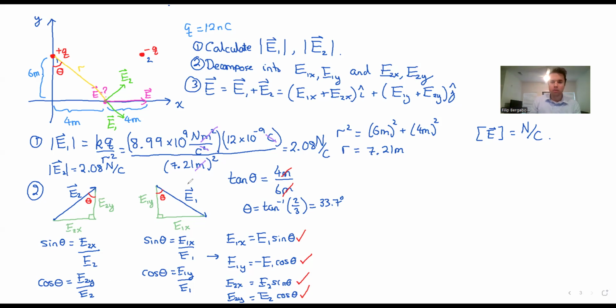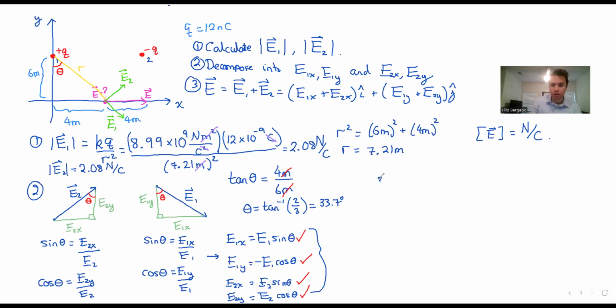Okay, so let's now go ahead and calculate all these. In fact, let me not even throw them all in right away, but of course we know theta is 33.7 degrees. We know E2 magnitude and we know E1 magnitude, so all of these you can at this point calculate. But let me go one step further with the algebra first.